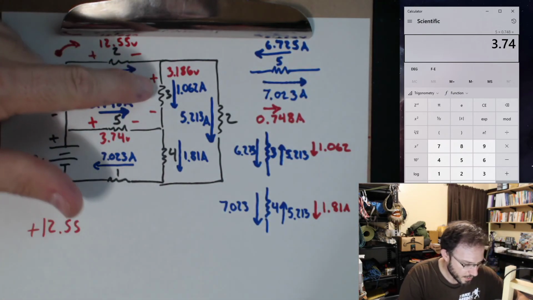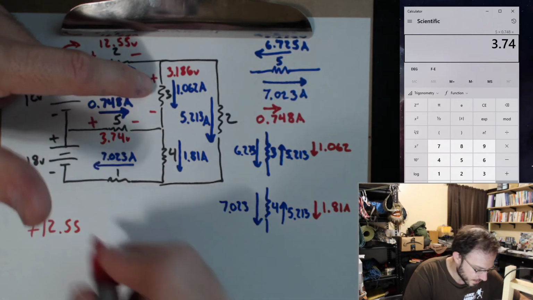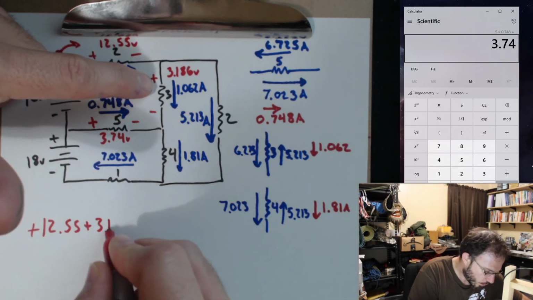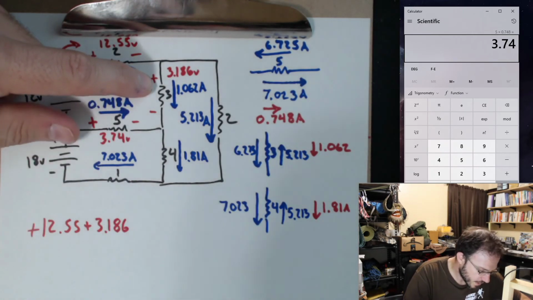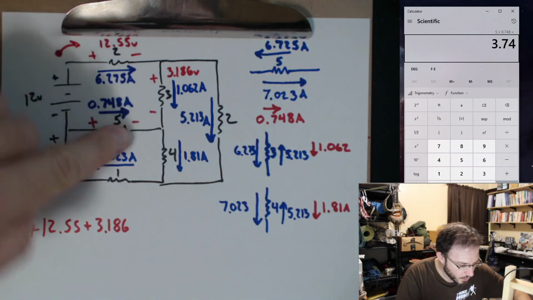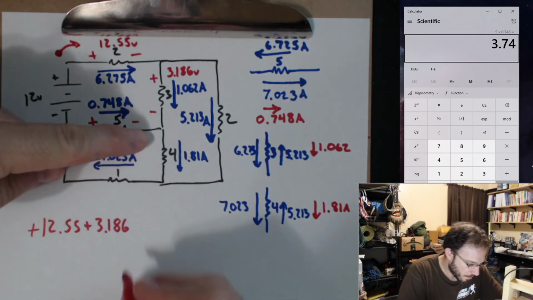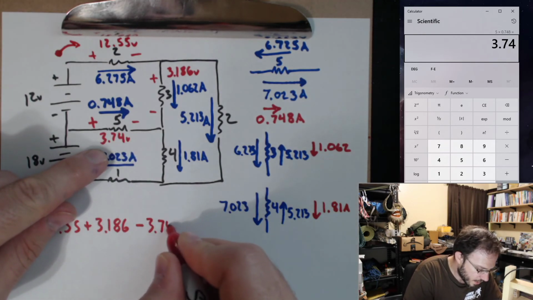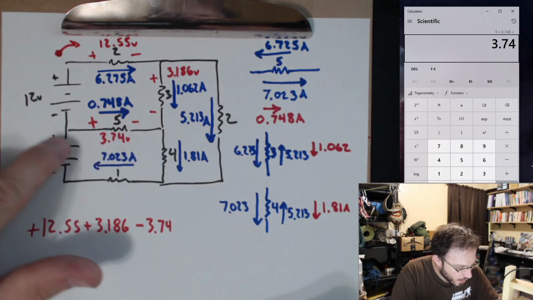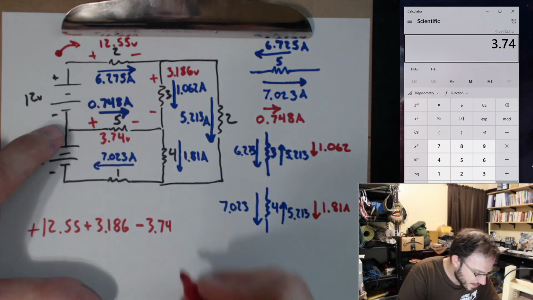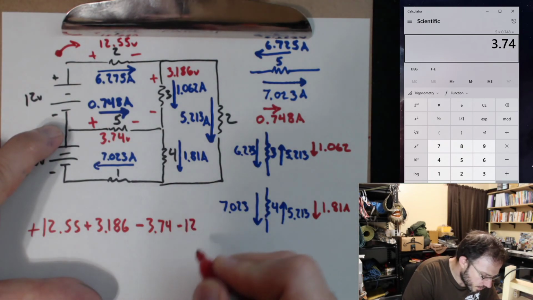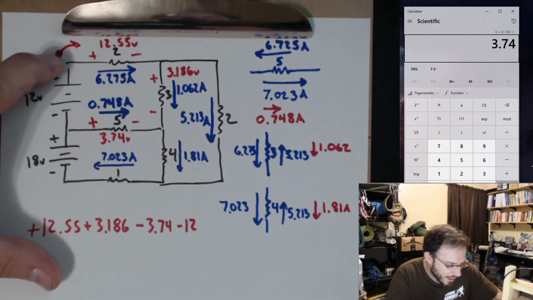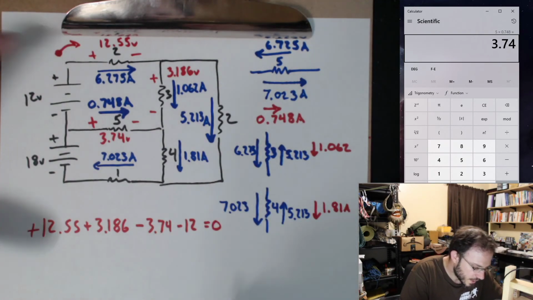Keep following around. The first polarity I hit, plus 3.186. Keep going around. Oh, look at this. We hit a minus first. Minus 3.74. And I go around and I hit a minus 12. And I'm back where I started, set the whole thing equal to 0.